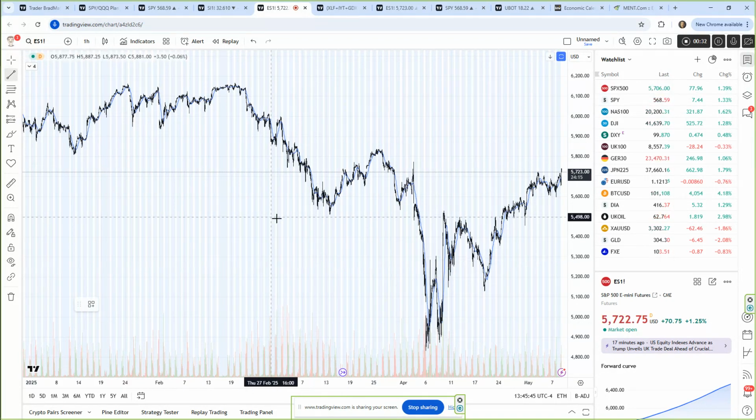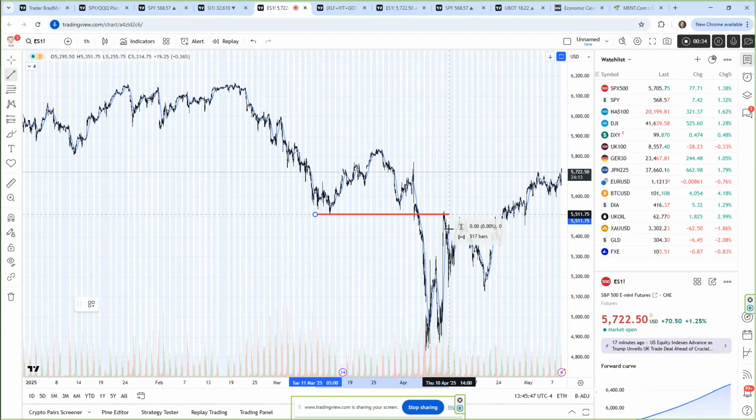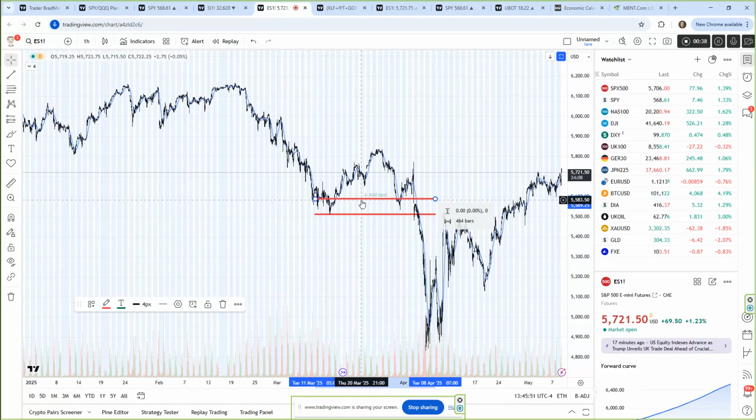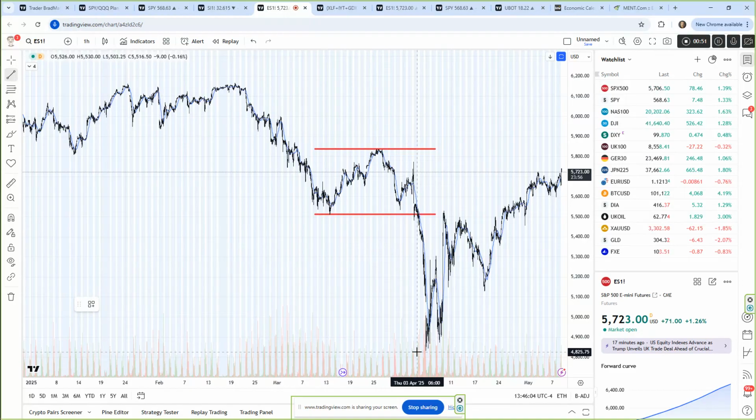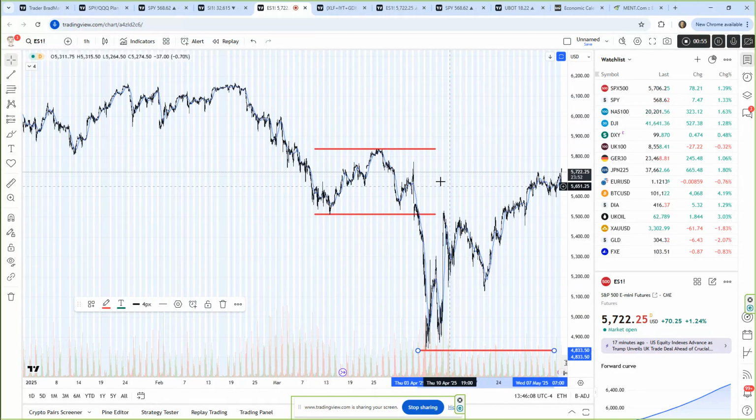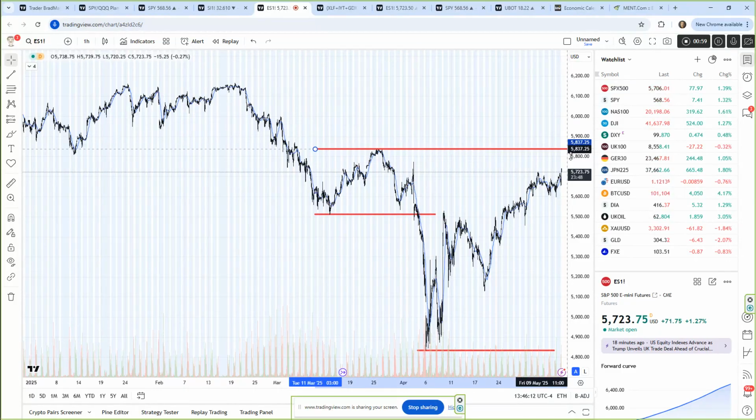So I'm going to start by highlighting this consolidation range, and we're focused primarily on this lower move, this move downward that we saw. Then we're going to come down here and look at this consolidation range, basically from this low all the way out to approximately this high or this high, carrying it over.